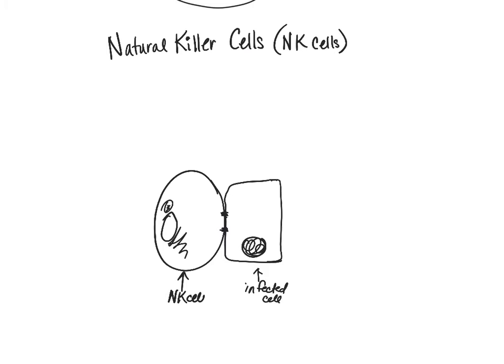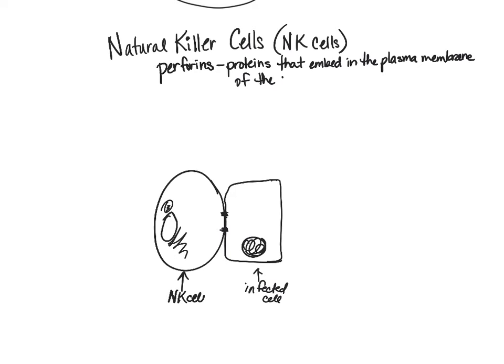So the natural killer cell is then going to secrete something called perforins, or different molecules called perforins. So these perforins are actually proteins that embed in the plasma membrane of the infected cell.